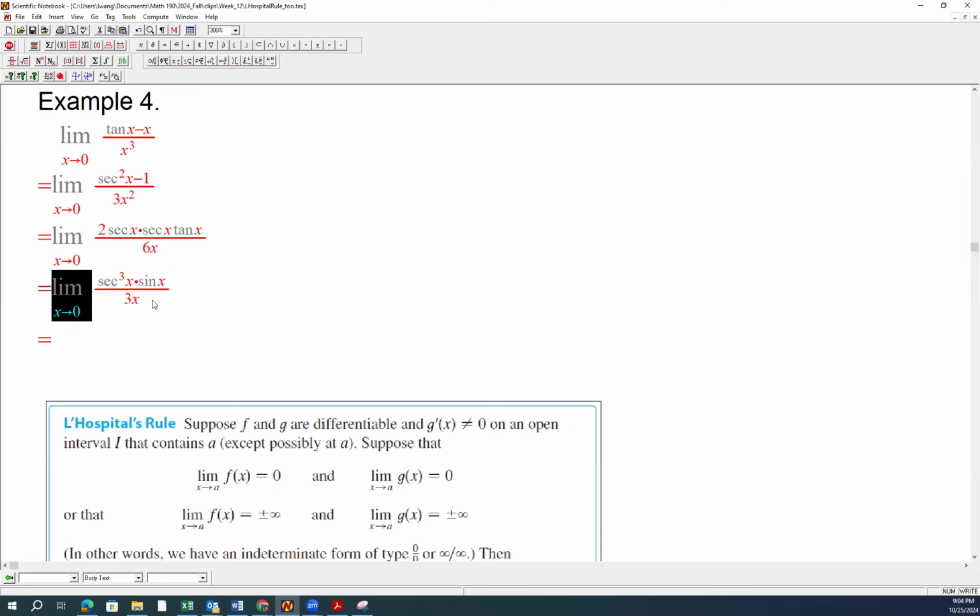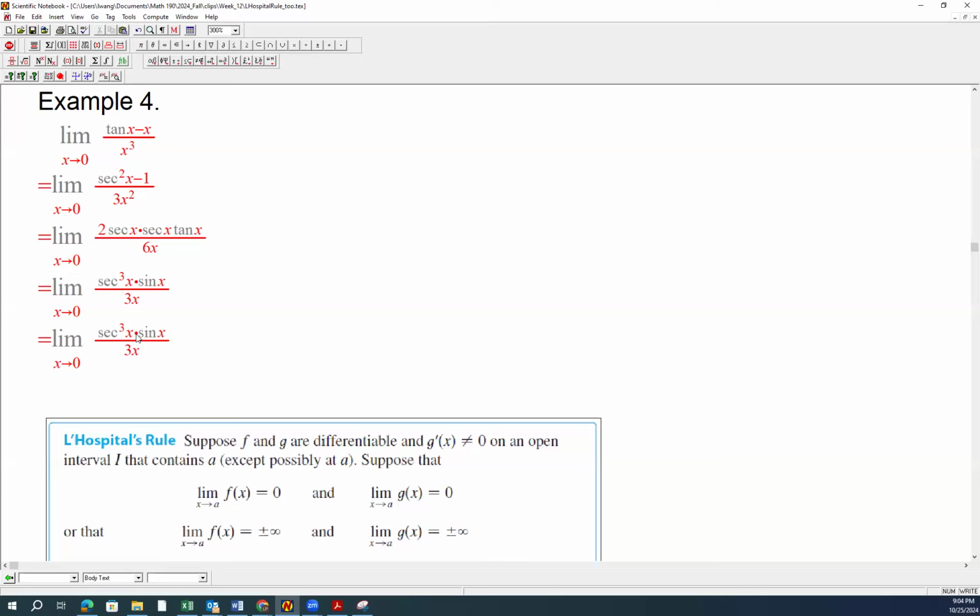I think some of you might have guessed where I'm heading. I'm going to bring sine x over x. So I'm going to separate these two and bring sine x over x.